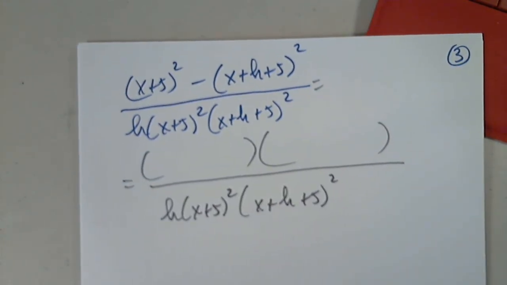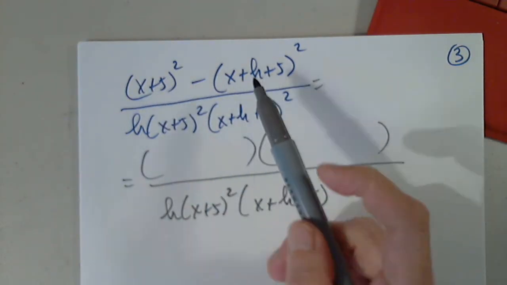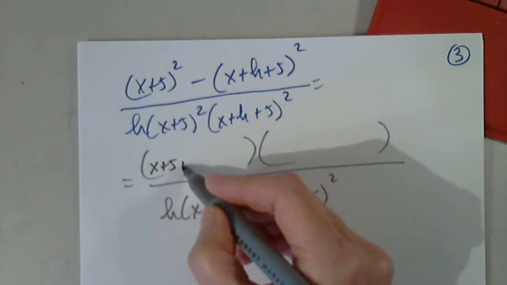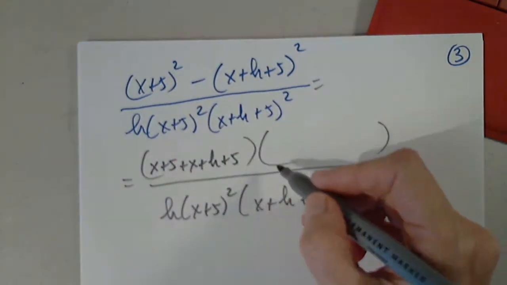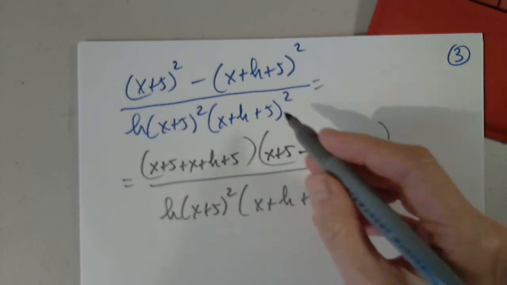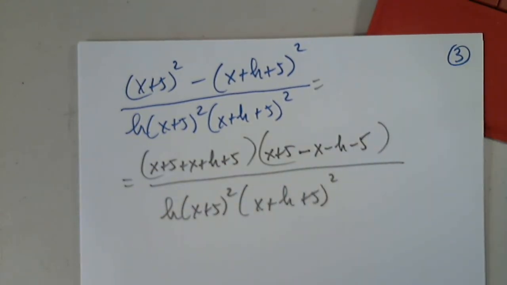Okay, so knowing the formula that we just reviewed, which is the difference of squares, I wrote that so I can get it out of the way. First term minus the second term. X plus 5 plus x plus h plus 5. First term, but minus the second term. And I don't need to multiply anything.